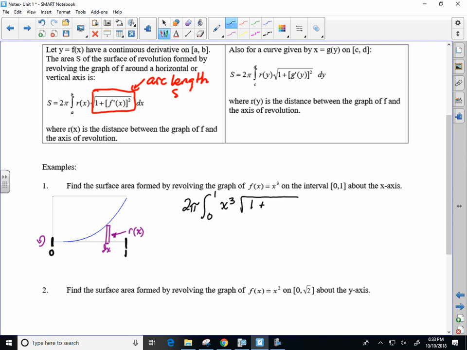Then the radical of 1 plus, we need f prime, which is 3x squared, power rule from Calc 1. And we can just run it through the mill.